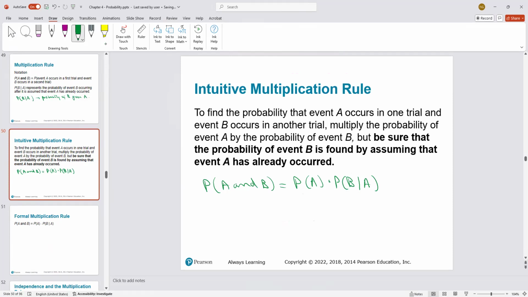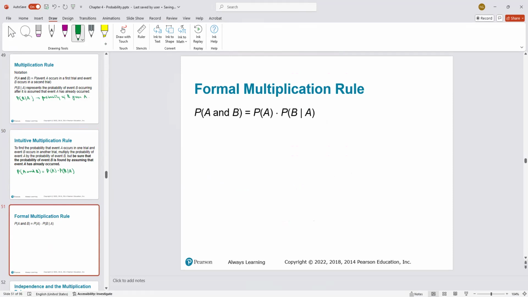The probability of event B is found by assuming event A has already occurred. This is how we write it.